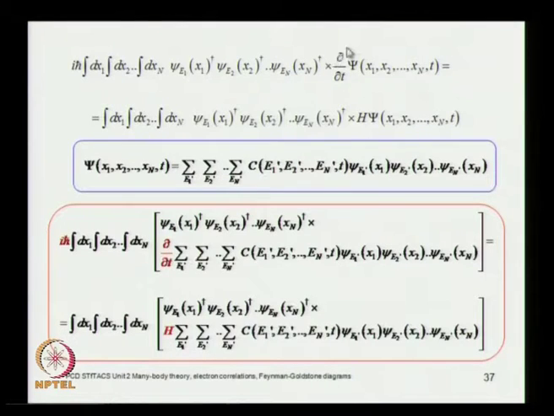Track the time derivative which is on the left hand side, which is this partial derivative with respect to time, it is written over here, and on the right hand side you have got the Hamiltonian which contains the kinetic energy operators and the potential energy operators which may depend on the coordinates of two particles. Okay. So, this is your expression that you get on carrying out this integration.